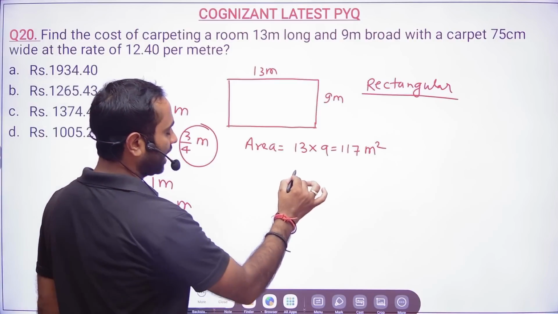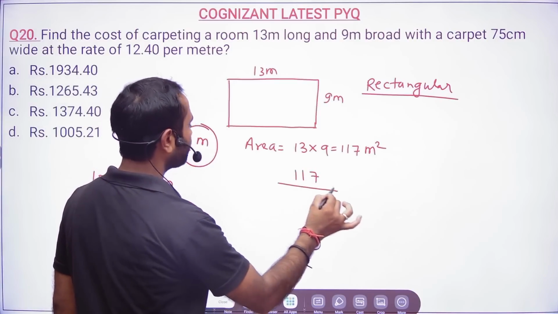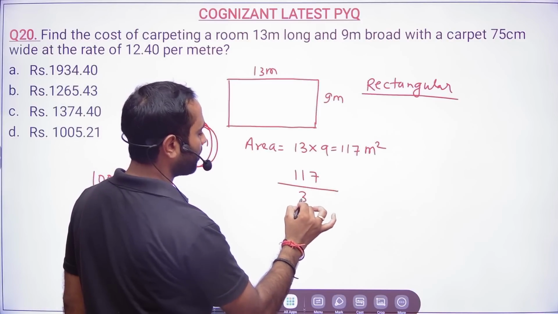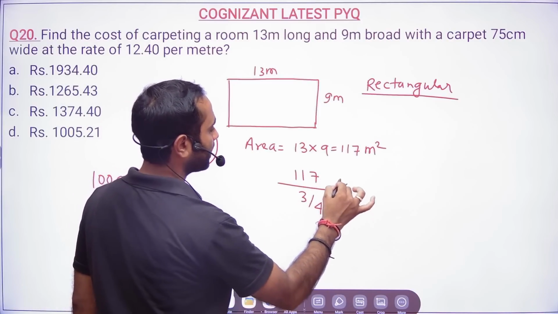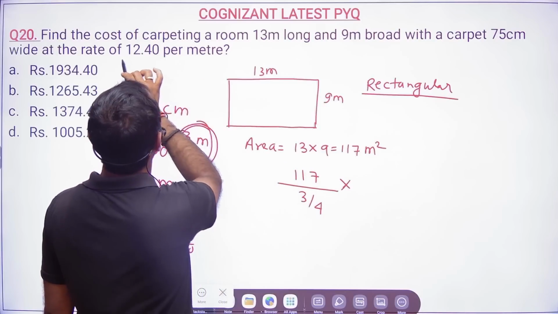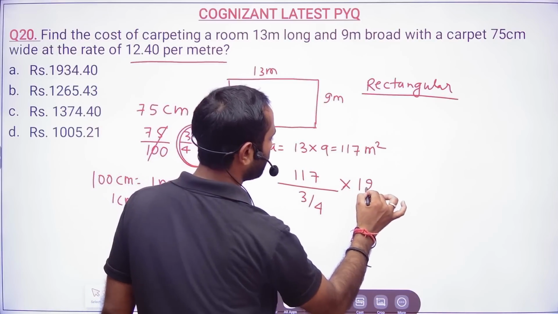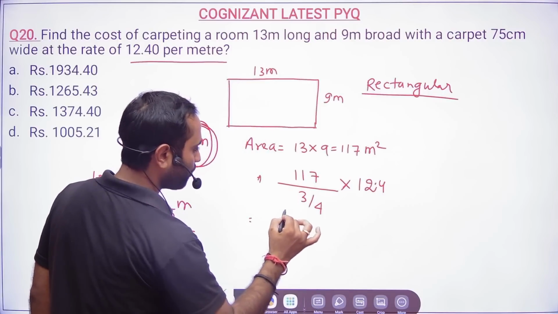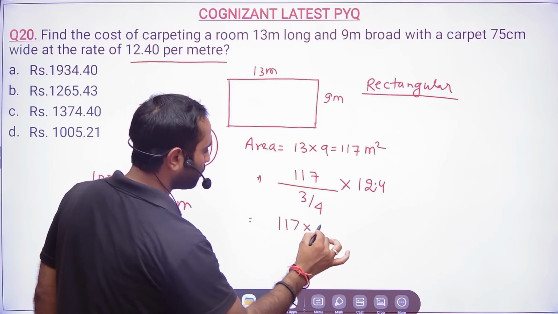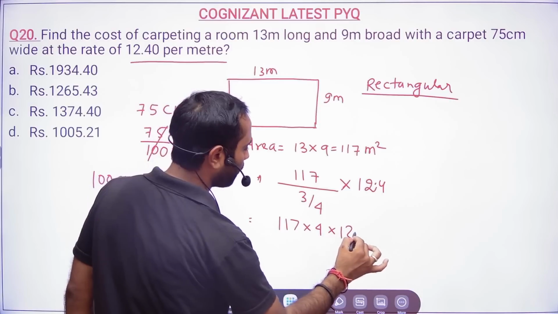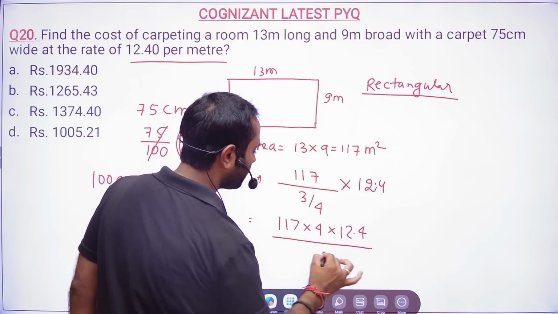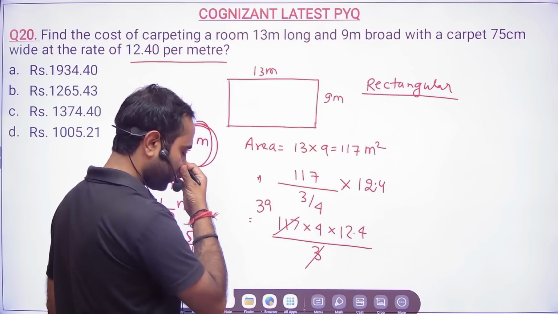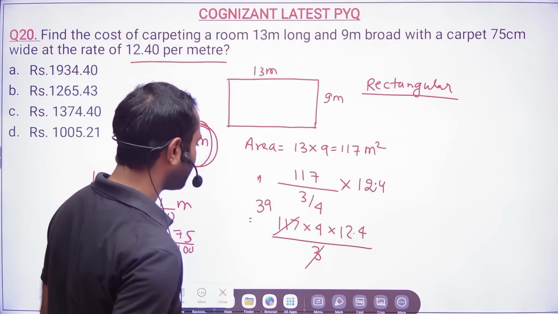Now, the total area is 117, the width of the carpet is 3 by 4 meter, and the cost per meter is 12.40. That's all, you will be able to get the answer. So this 4 will go up, 117 into 4 into 12.4, and this 3 will be down. 3 will divide 117: 3 3s are 9, 3 9s are 27.